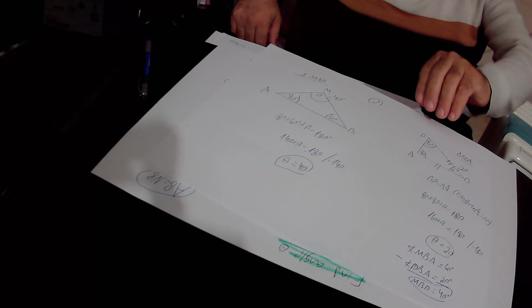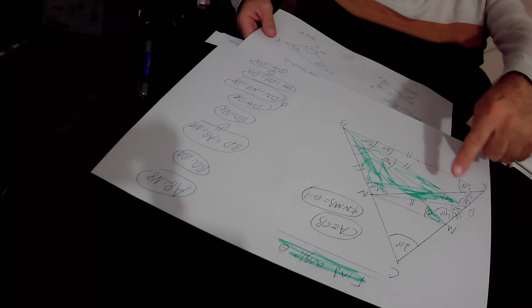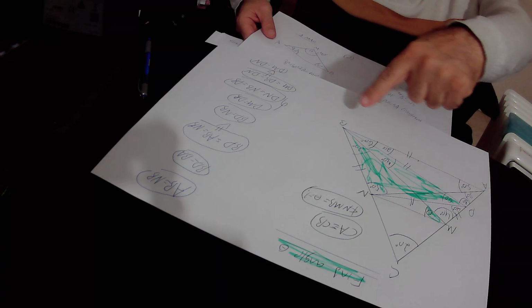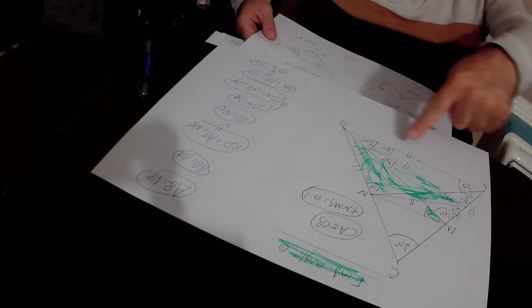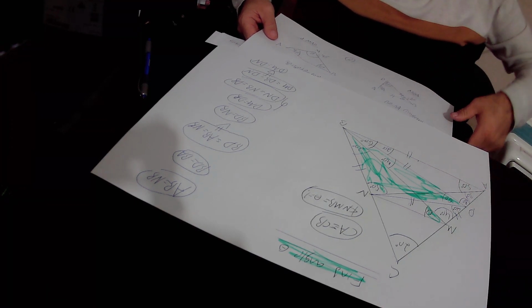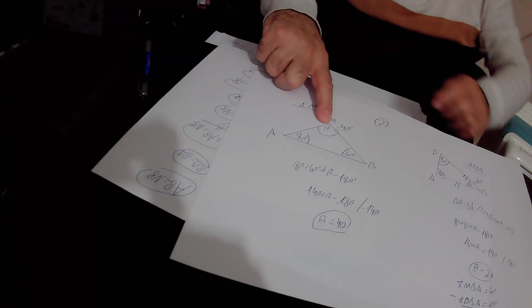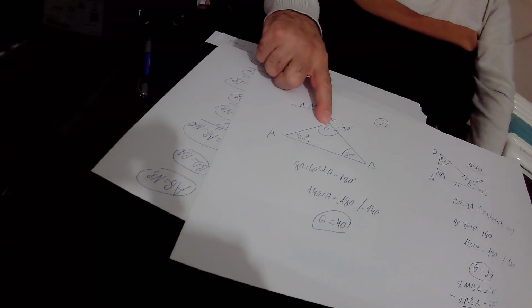In this triangle, angle MBA equals 60 degrees, and this angle MAB equals 80 degrees. And this is the missing angle that we define as theta.